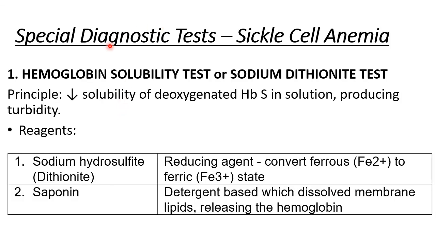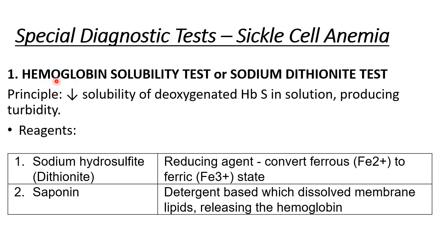And then we will proceed with special diagnostic tests. Unahin natin yung mga tests for sickle cell anemia. The following tests are just screening tests lang. Okay? Kasi obsolete na to, hindi na to masyadong ginagawa in laboratory. So, unahin natin the hemoglobin solubility test or the sodium dithionite test.